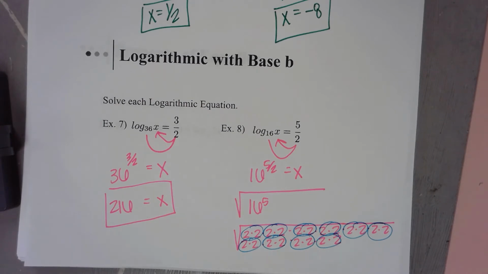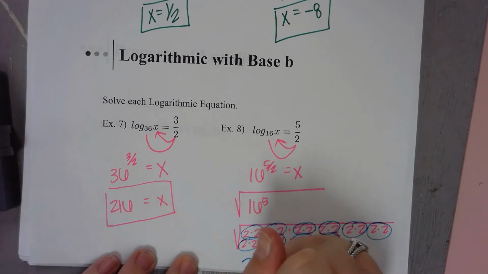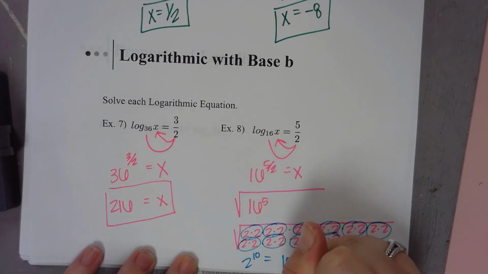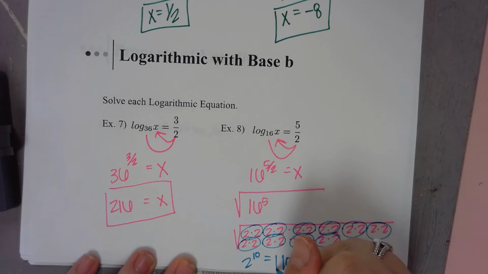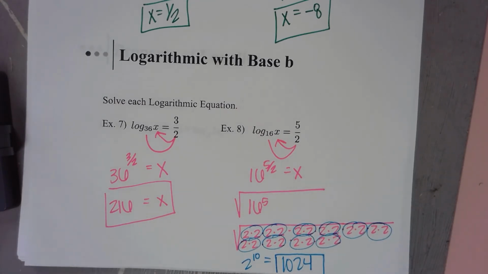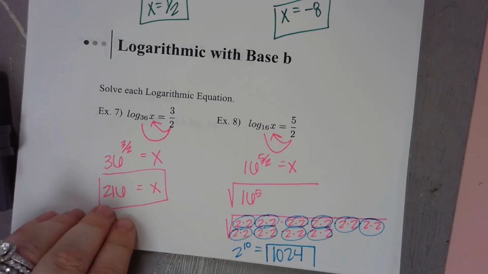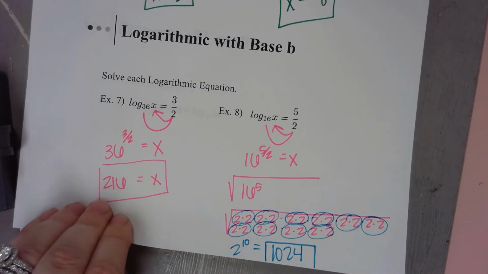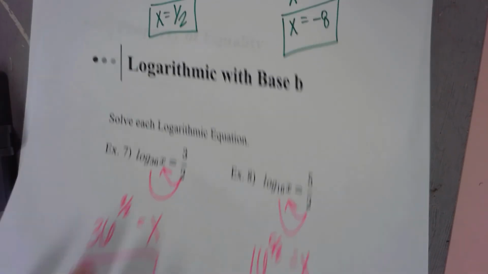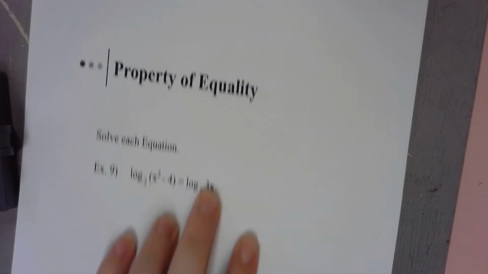And then if I were to bring that out, I would get 2 to the 10th power, which is 1024. So that was the long way, other than typing it in your calculator if you ever had to solve that by hand. Okay, let's look at this.